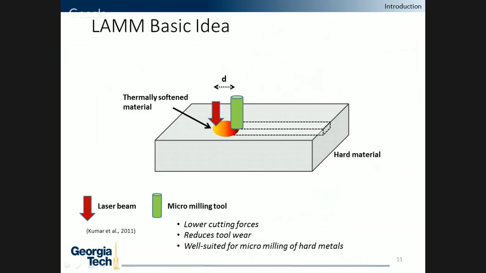The basic concept is you have a very small end mill removing material as shown, but simultaneously you have a laser pointed directly in front of the end mill. This laser preheats the material, allowing it to shear at lower forces. This thermal softening effect greatly reduces wear because of the reduced cutting forces, and it's very well suited for difficult-to-cut alloys.